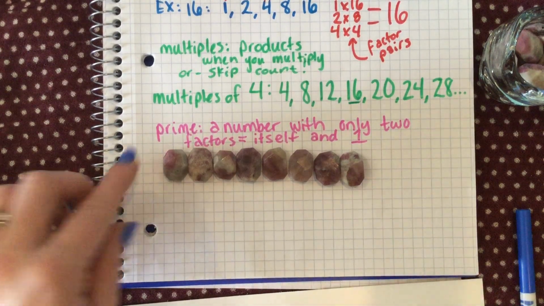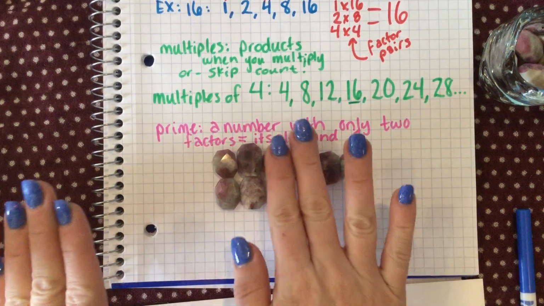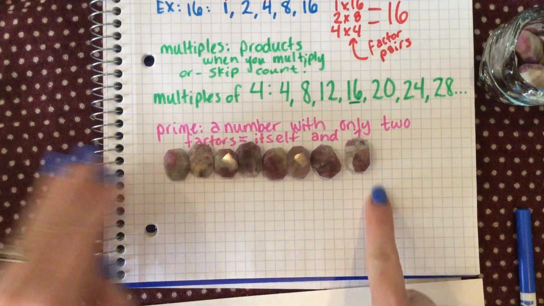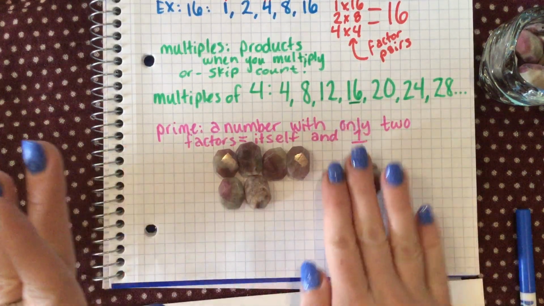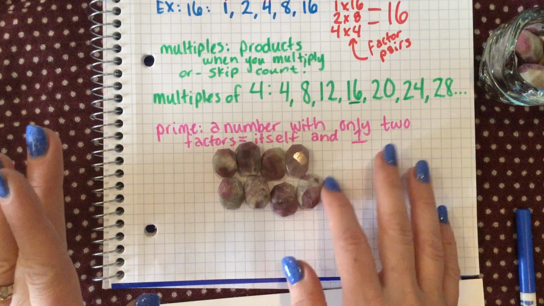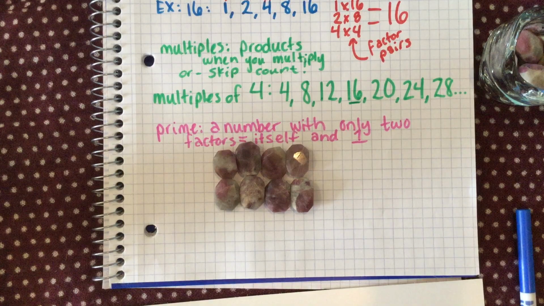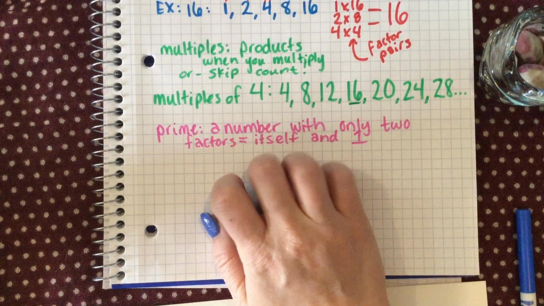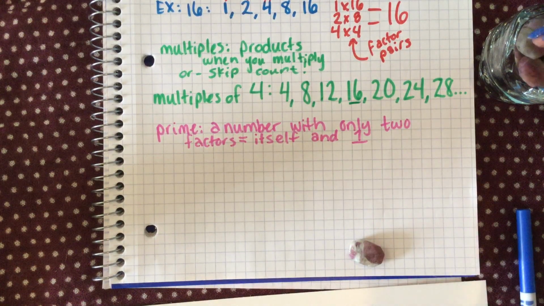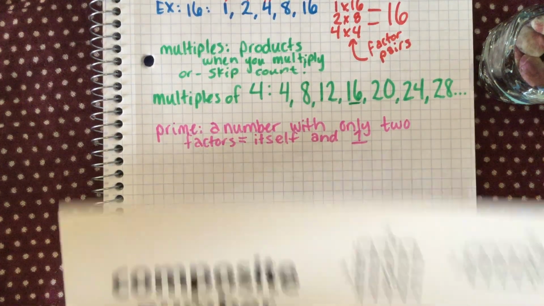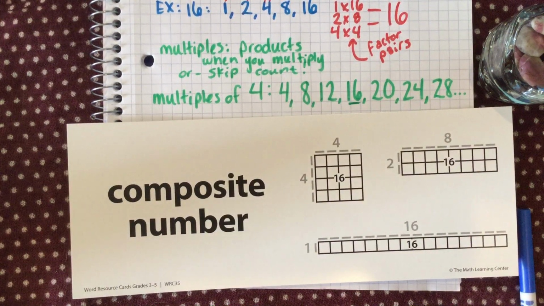The factors of 8 are 1 and 8, and 2 and 4. 2 rows of 4. So because 8 is not a prime number, 8 is actually a composite number. A composite number is pretty much the opposite of a prime number.